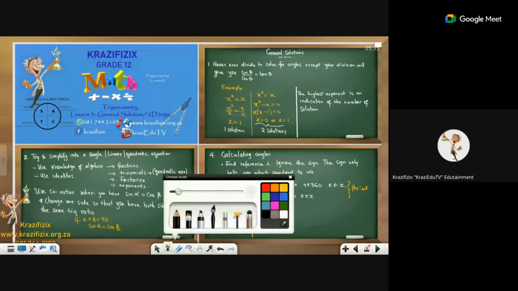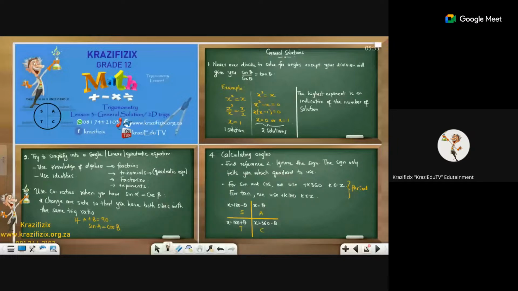Rule number one: never divide to solve for angles, except if your division will give you sine or cos. Please don't divide when you are doing general solutions. Always simplify, okay?